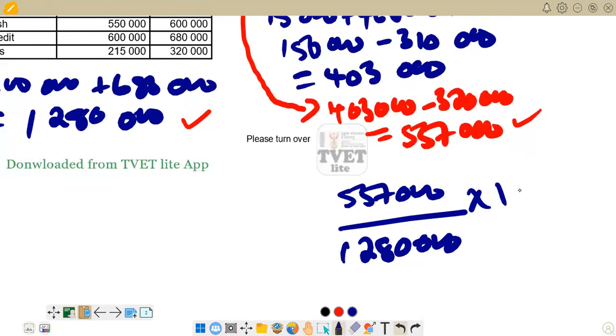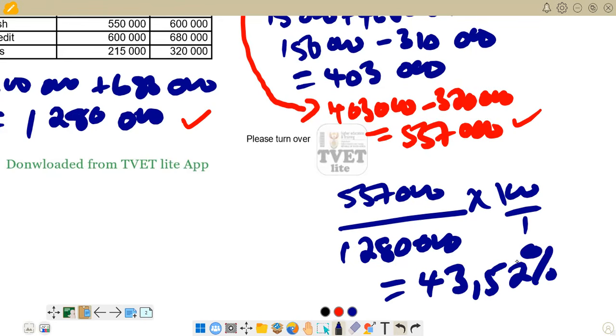And obviously, I'm going to multiply it by 100 over 1. Let's calculate it and see what we get. If you calculate correctly to 2 decimal places, you are going to get 43.52%. So this is what we have in terms of net profit percentage.